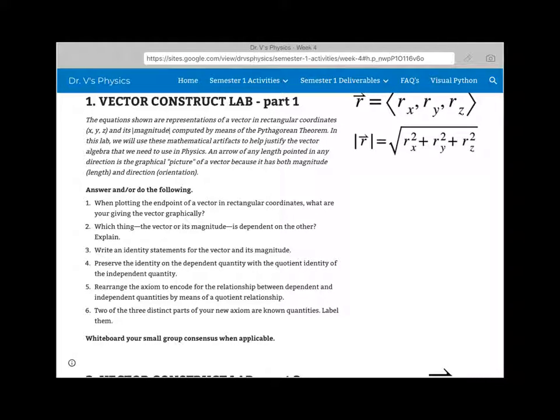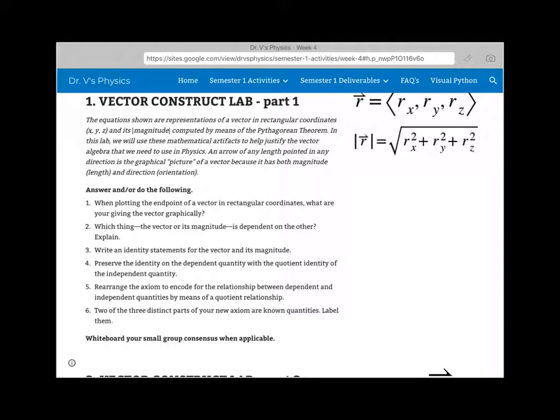I made it this long and I pointed it in this direction. Is the vector the thing following, or is the vector the thing that's driving? And so really when I plot something in the plane, I am describing the length and direction. So the way we're going to write this law is the vector is dependent on its magnitude.